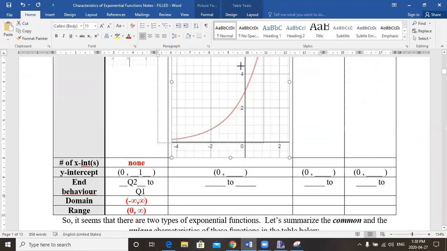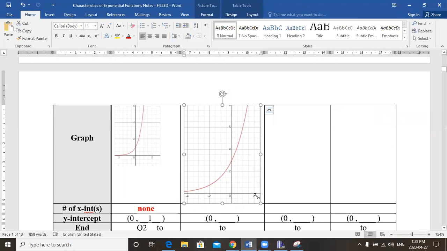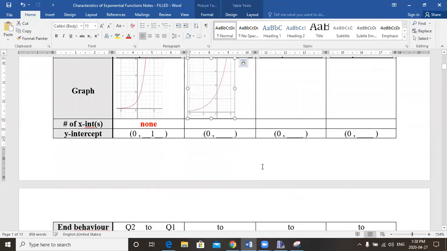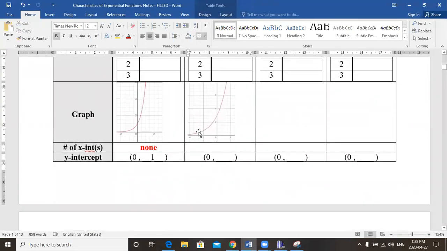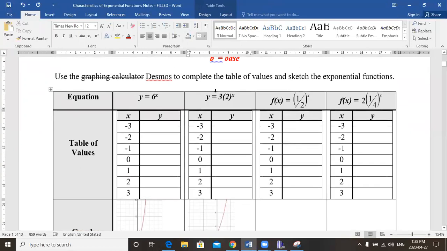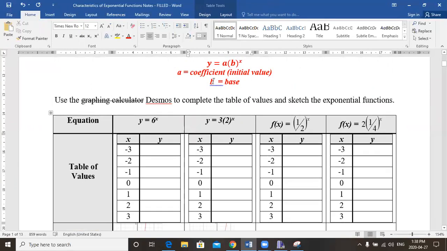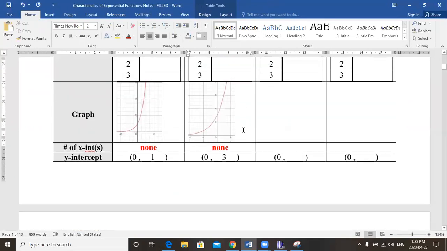Smaller. Okay, so again, you can see here that there are no x-intercepts, so none. And the y-intercept in this case is 3. Notice that the y-intercept would be equal to the coefficient or the initial value or the so-called a value.